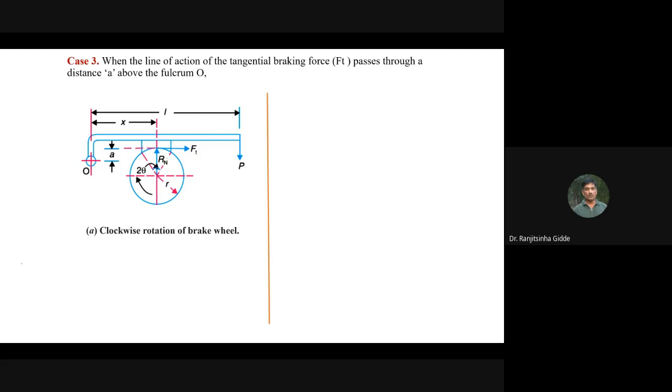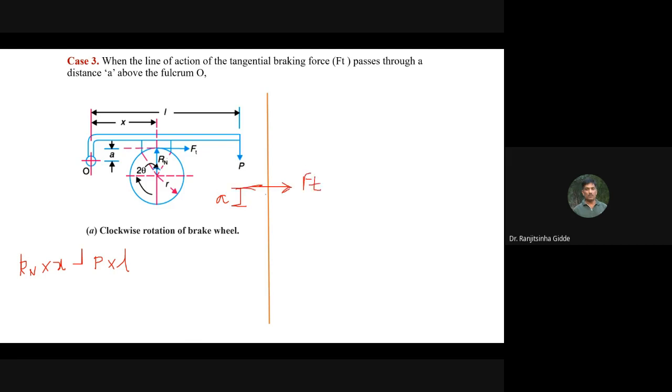First, as usual, Rn into x minus P into L. Now this is A and this is Ft.